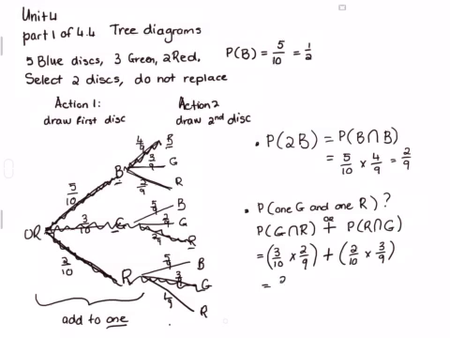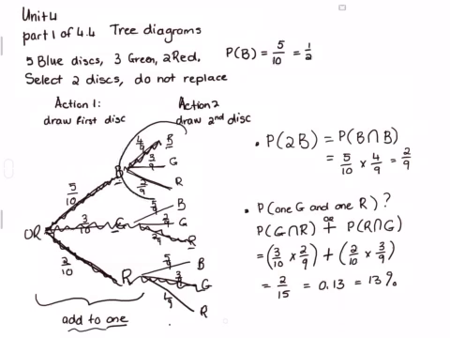And you can work that out, 2/15, or you can write it as a decimal. And remember, you could even write it as a percentage. So there is a 13% chance of getting a green and a red if we don't specify which one happens first.